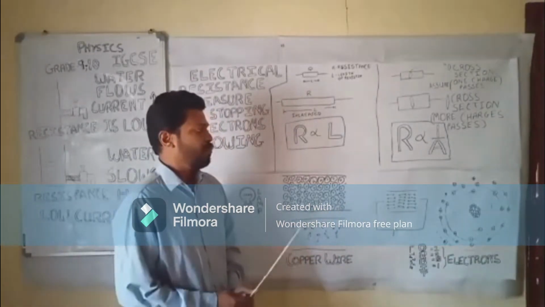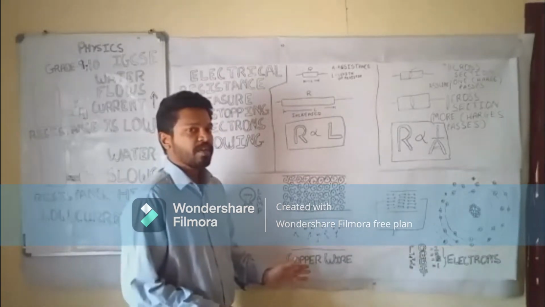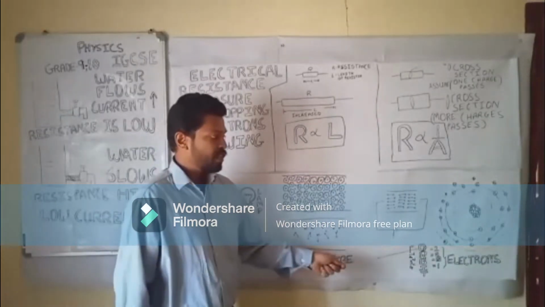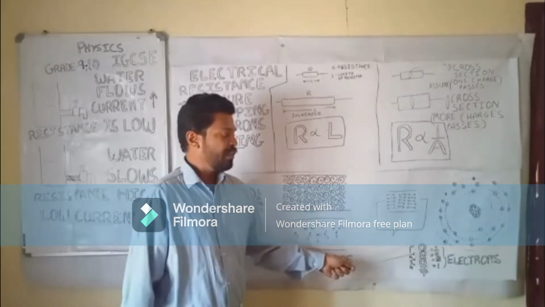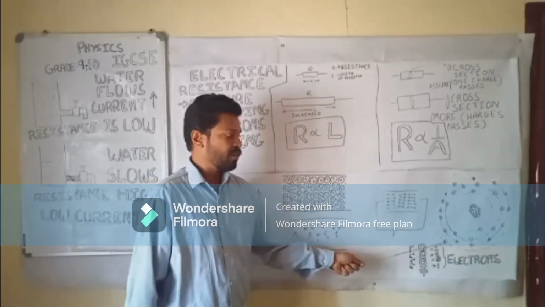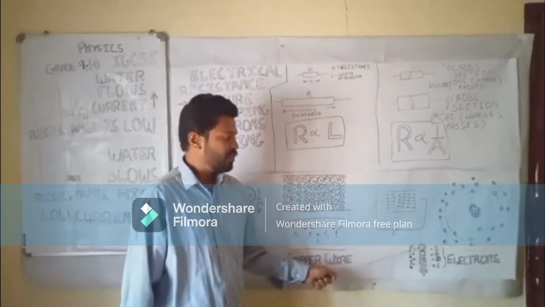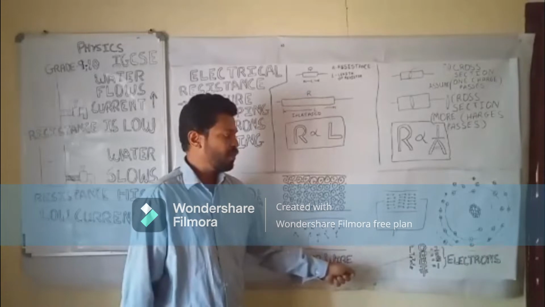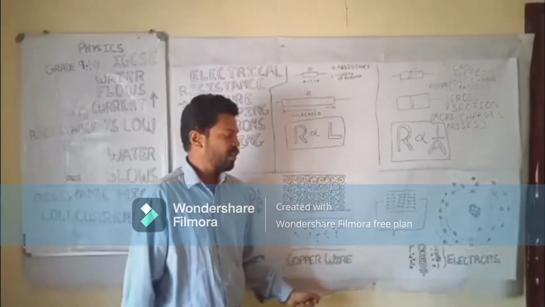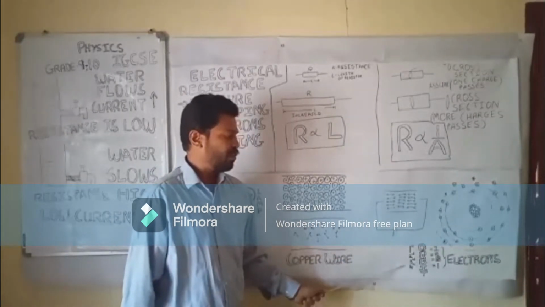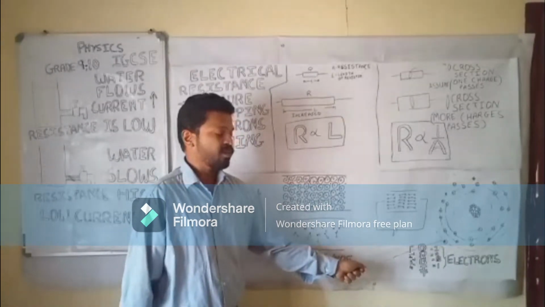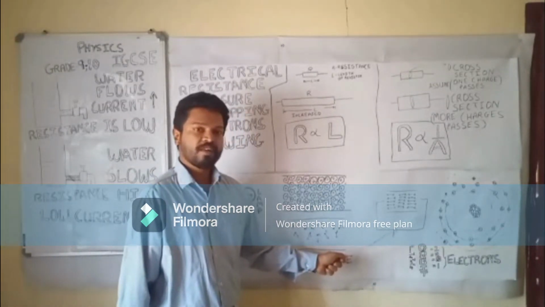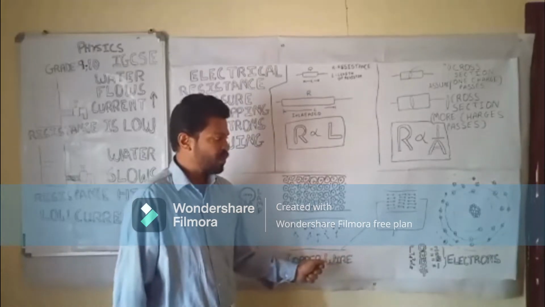Okay. As we have discussed earlier, this is a copper atom, and there are free electrons here. In the outermost orbit, you can see one electron. This is the electronic configuration: first orbit 2 electrons, second orbit 8 electrons, third orbit 18 electrons, and for the fourth, last orbit, we have one electron. This is a loosely bound electron, and it is responsible for the charge.